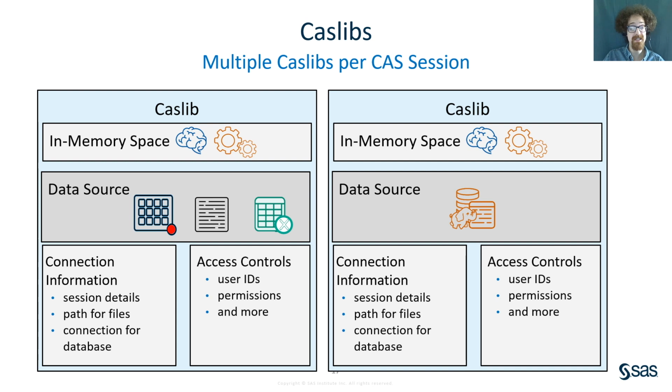Just like traditional SAS libraries, multiple caslibs can and typically are defined for each CAS session, each with unique data source information, but also specific authorizations for different users and groups. This is important because CAS is a shared server environment, so you need to be able to control who has access to various data sources and what type of permissions they have for that data.